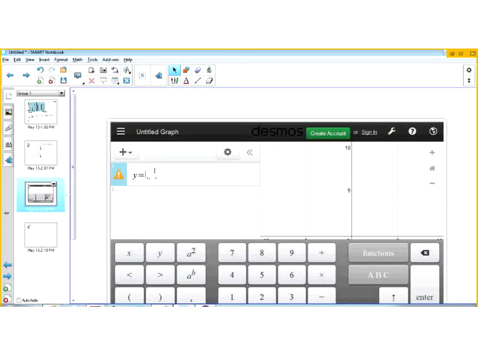Okay, so y is equal to x squared plus 9 to the 0.5 minus 3 divided by x squared, since it's an x. Okay, so will that work for us?